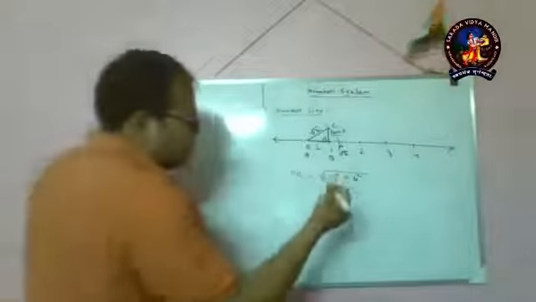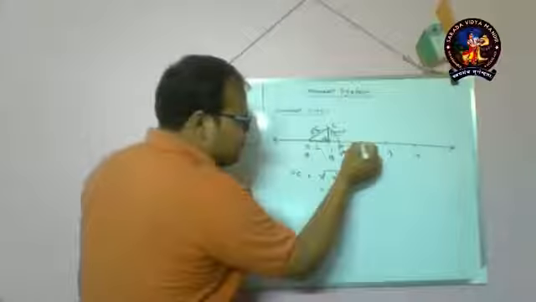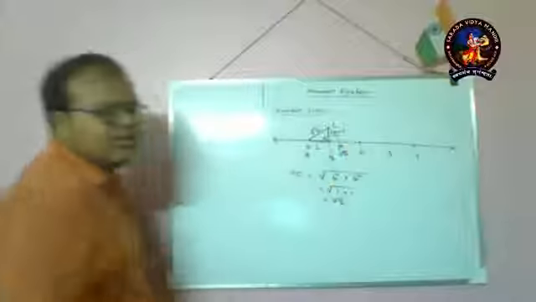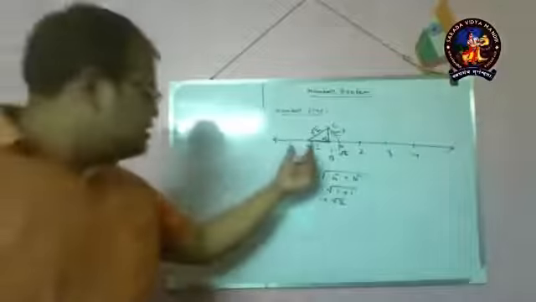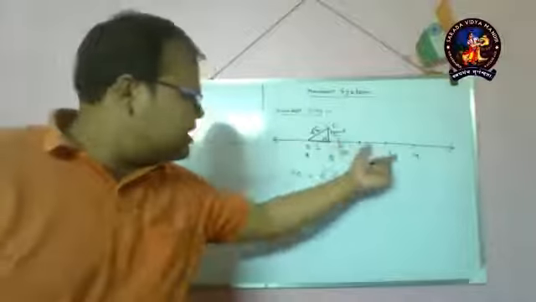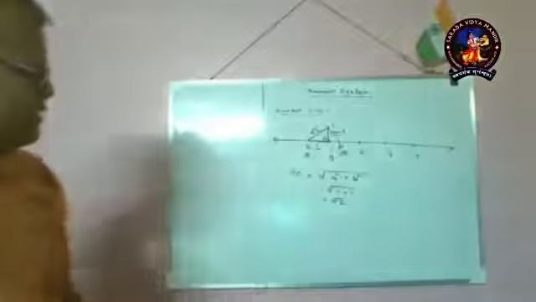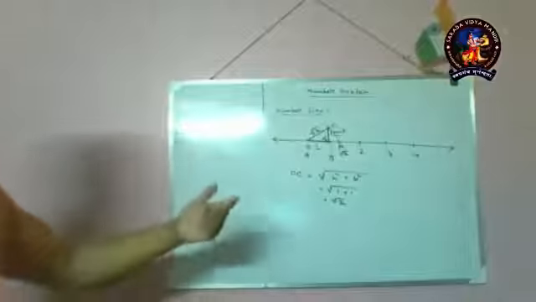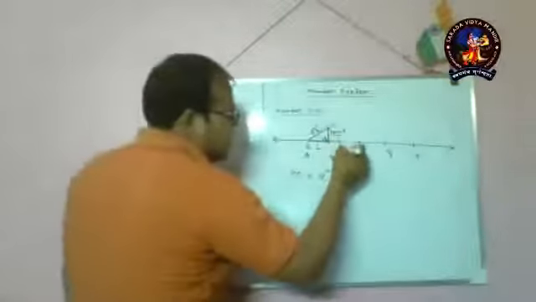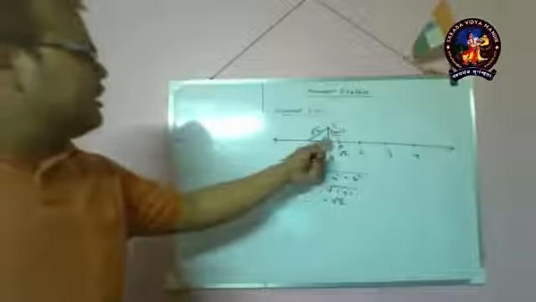As we know, the distance from 0 to 2 is 2 units, that's why the point is labelled 2. The distance between 0 and 3 is 3 units, that's why it is the point 3. So if the distance between 0 and P is root 2, then P is the point root 2. This way we can plot irrational numbers on the number line.